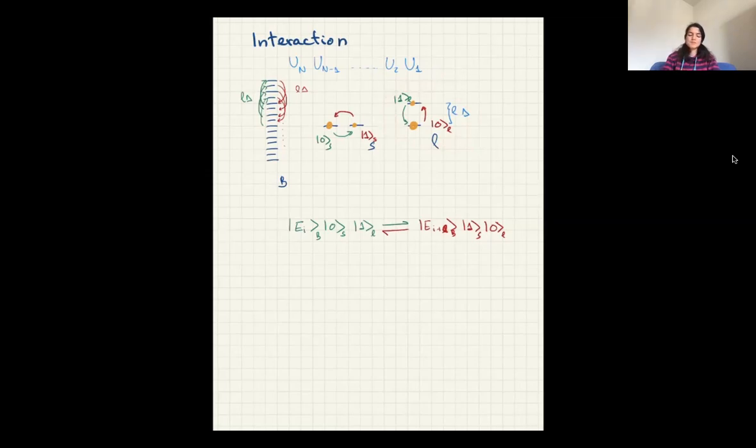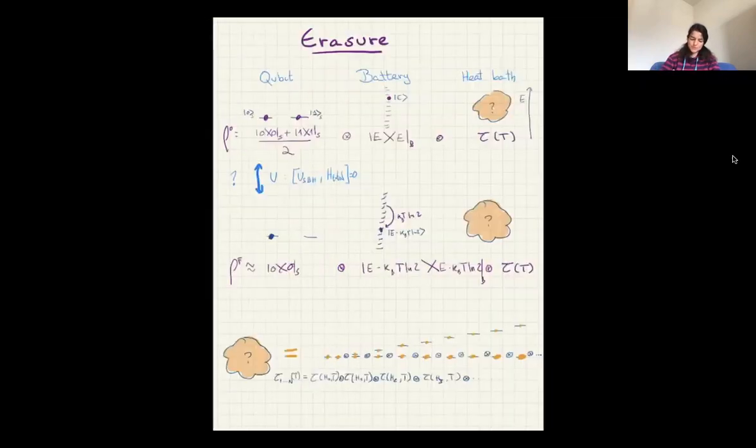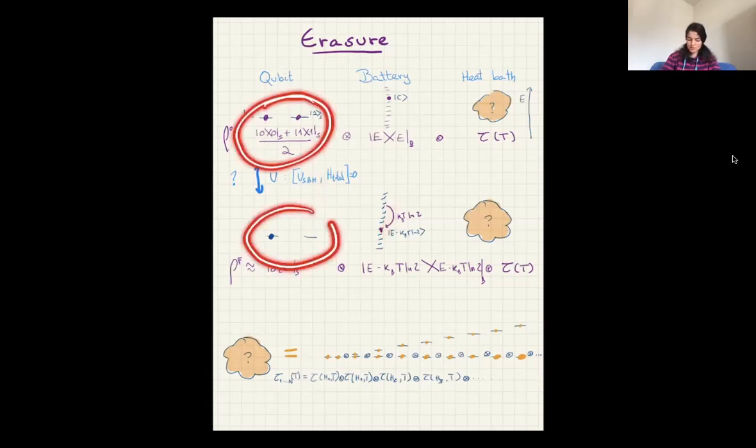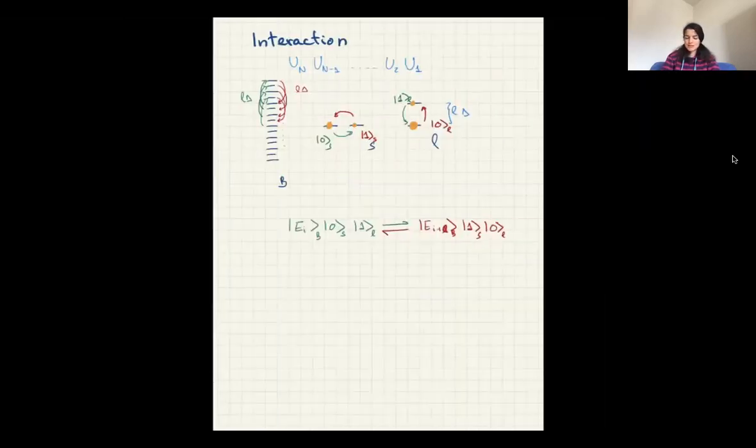For example, if we want to erase the system, if we want to do this direction, we expect the battery to go down, but we want to go from a more mixed state to a more pure one, closer to the 0 state here. So we choose this qubit such that the red transition is more likely.